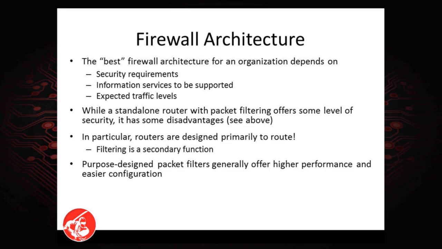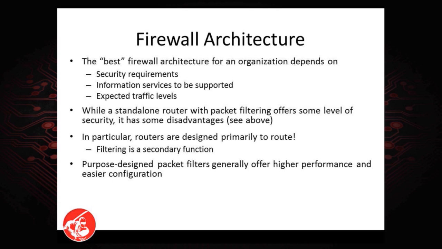So what firewall architecture does an organization typically deploy? Well, it usually depends on their security requirements, their information services to be supported, and their expected traffic levels. A standalone router with packet filtering helps us, as we said, it does give us some protection, but they're there to route. Filtering is a secondary function.